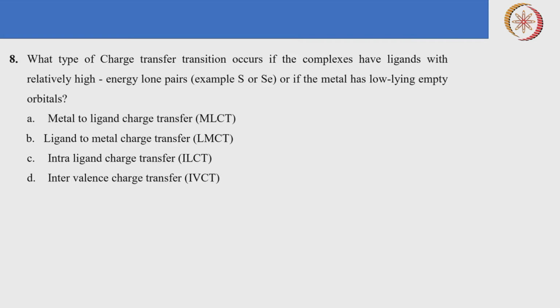Okay. So what type of charge transfer transition occurs if the complexes have ligands with relatively high energy lone pair, for example sulfur or selenium, and the metal has a low lying empty orbital?